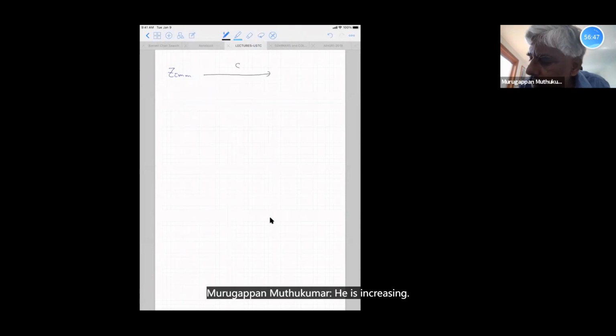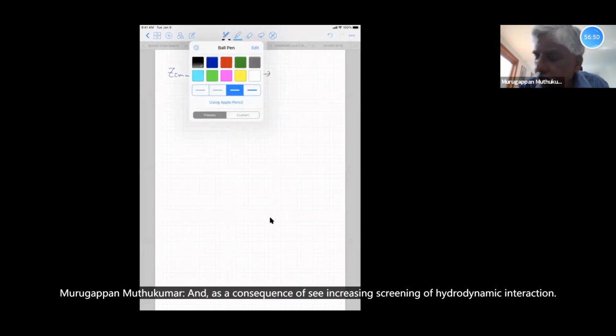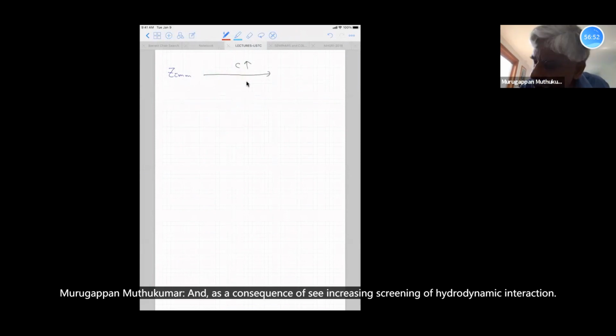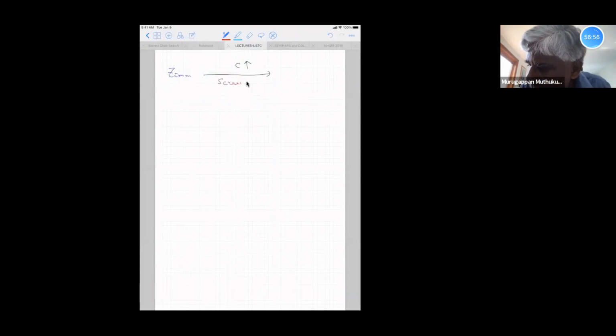C is increasing, and as a consequence of C increasing, screening of hydrodynamic interaction.